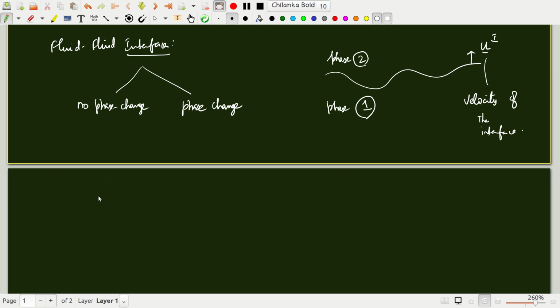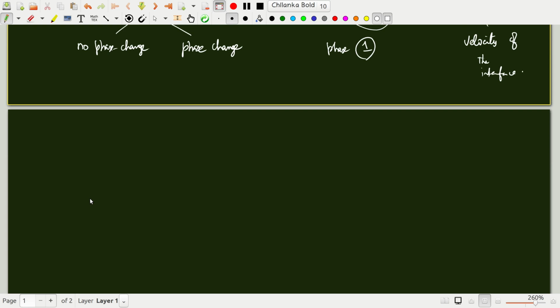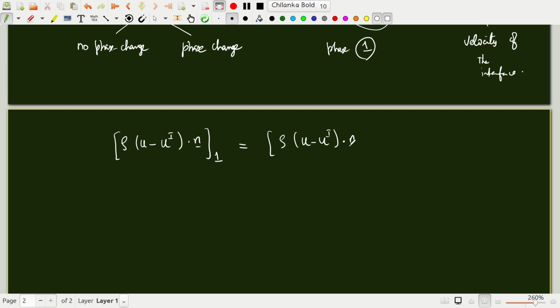Now, let me first write the condition, the mass flux condition, and then explain what it means. Rho times (u minus ui) dot n in phase 1 is rho times (u minus ui) dot n in phase 2.